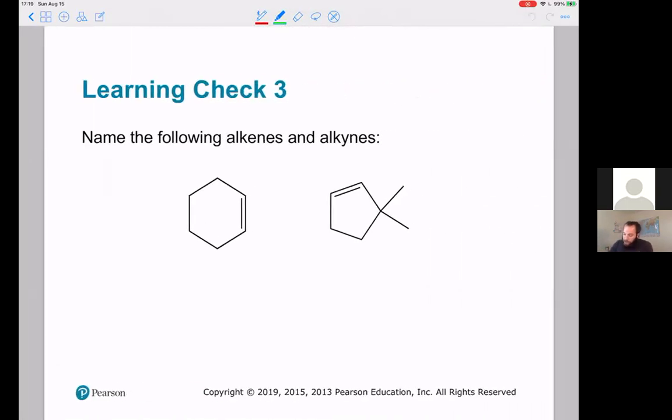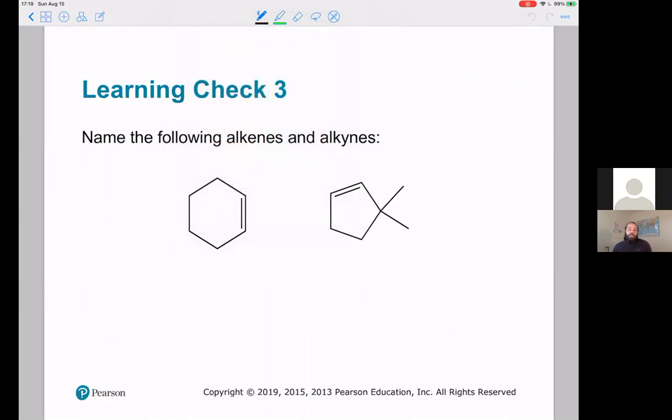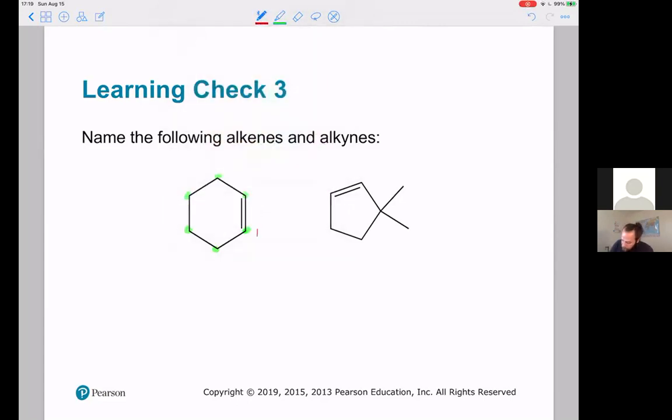Okay, so everybody take a second and see if you can't name these compounds here, given what we just talked about. Okay, so first of all, here again we have this cyclic compound. My parent chain for a cyclic compound is always the ring itself. And then we're going to start numbering such that the double bond is between carbons 1 and 2.